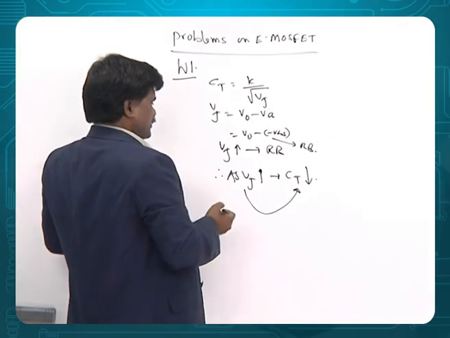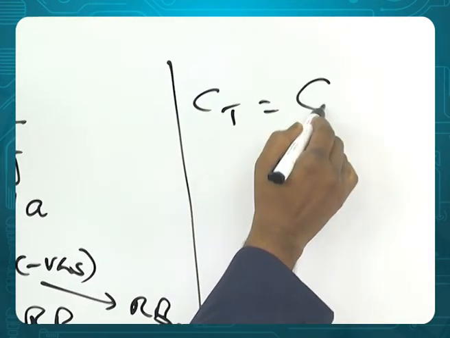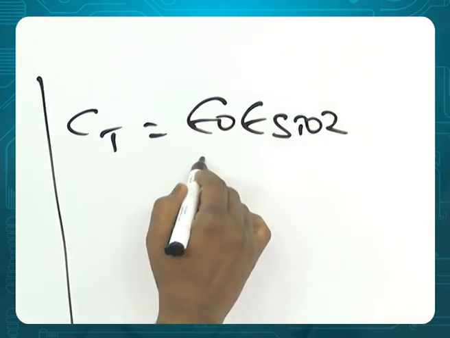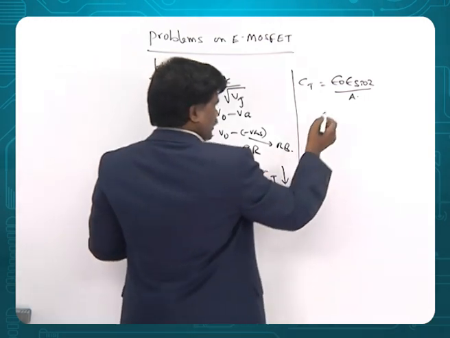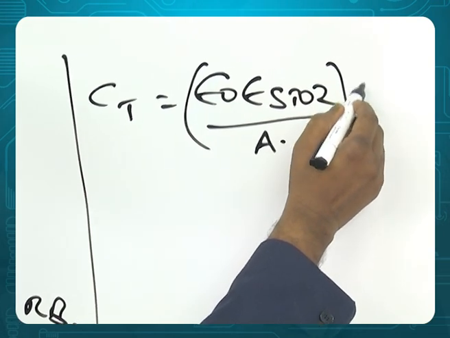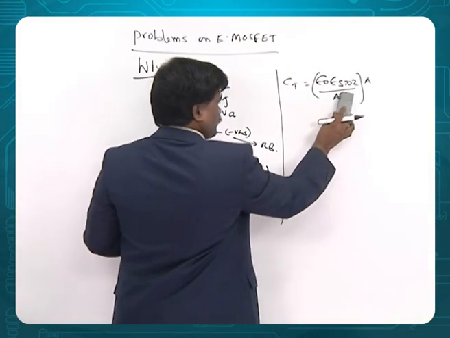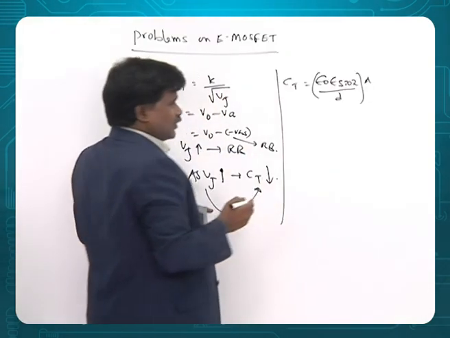That's one aspect. The other aspect is Ct equals epsilon not epsilon r silicon dioxide A by D, epsilon A by D. A is here and D is there. Now what is that?